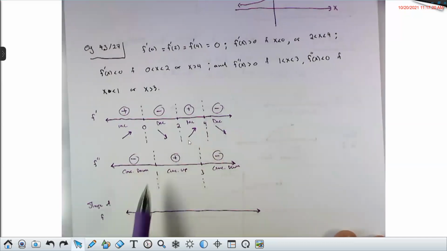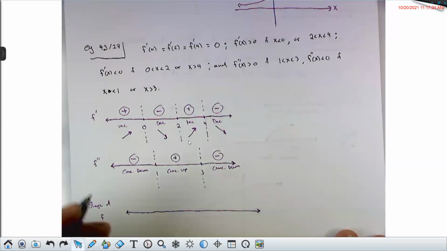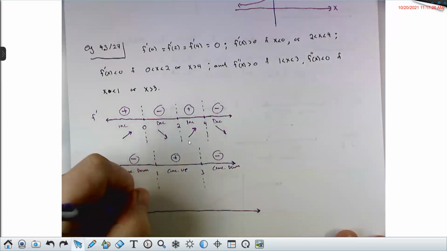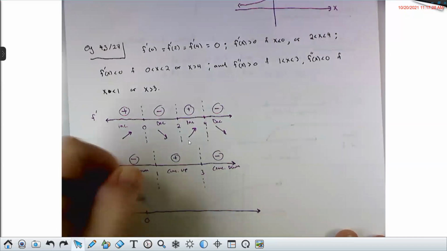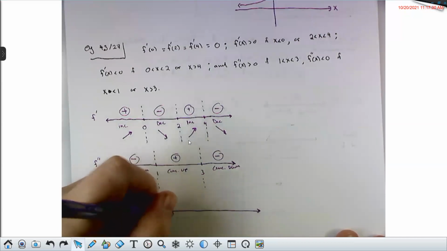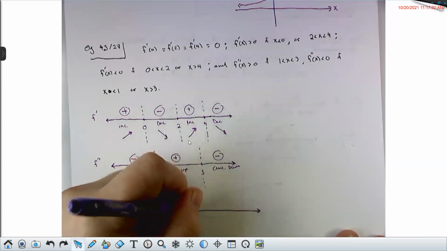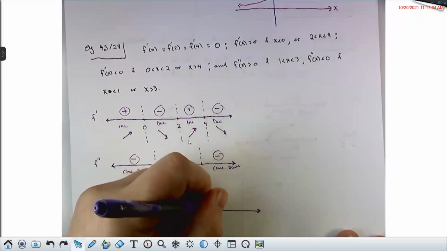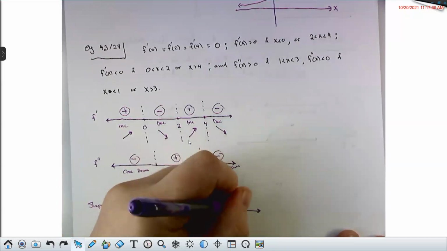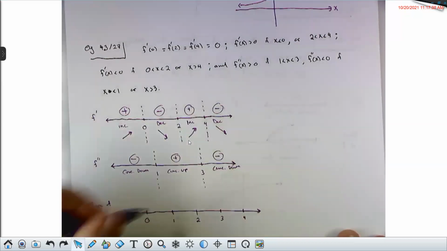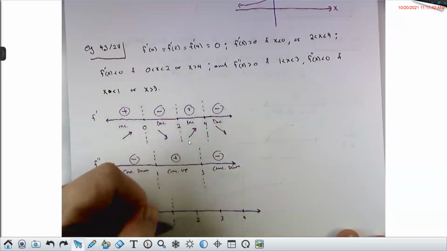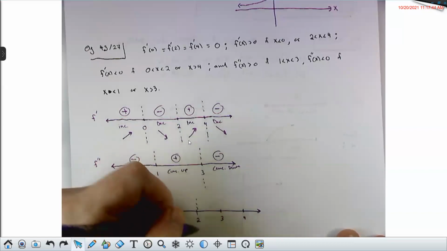And on this number line needs to go every number from either of these. So 0, 1, 2, 3, and 4. And this is a little tight. We'll make it work.